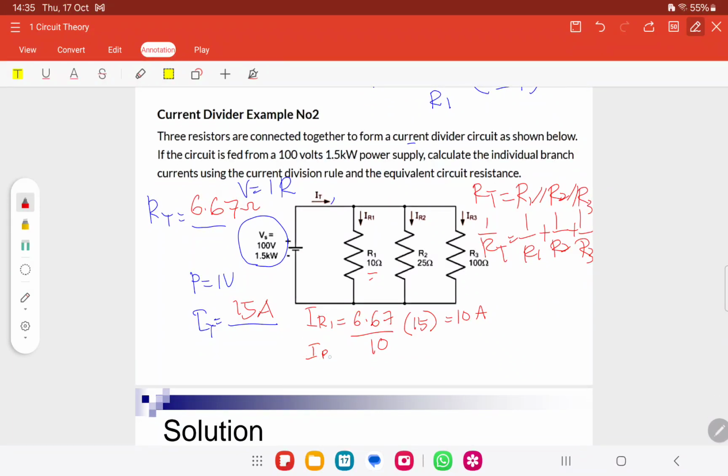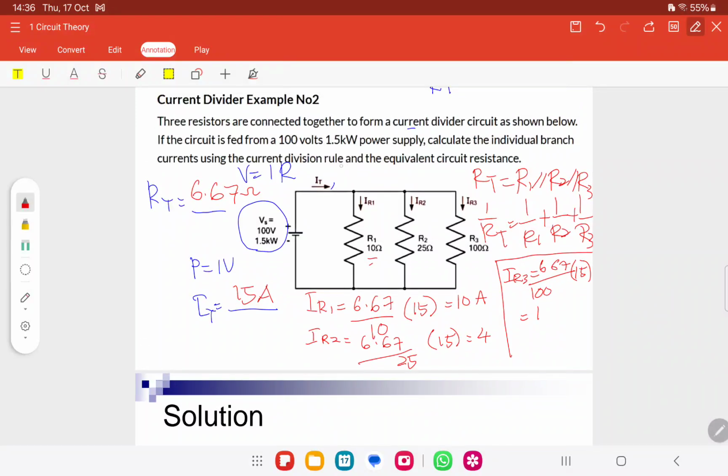IR2 equals to 6.67 over 25 multiply with 15 equals to 4. Okay. Kat sini IR3 pula equals to 6.67 over 100 multiply with 15 equals to 1.